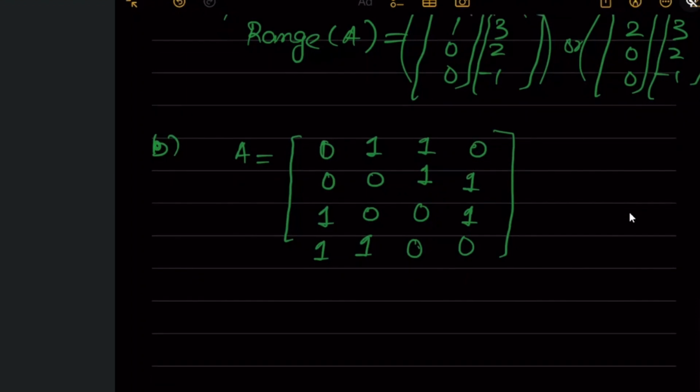So for this matrix A, can you tell what is the basis for the range space? By visual inspection, what you just understood.